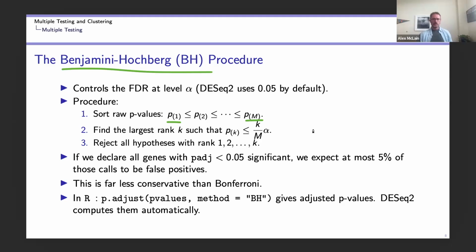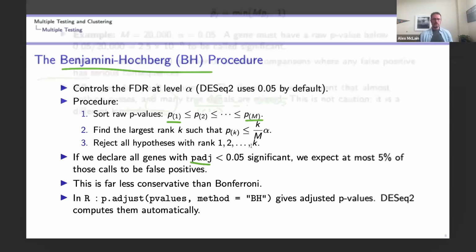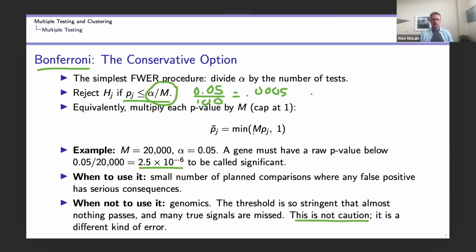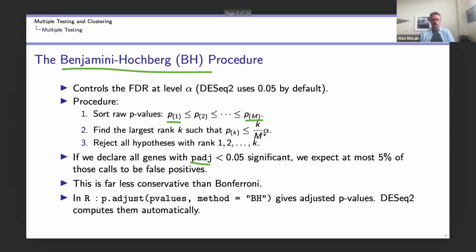Similar to before, we can get adjusted p-values from these. The formula is a little different. It's a function of k and the p-values that are greater than it, but we can get adjusted p-values from this Benjamini-Hochberg procedure. So for you as a practitioner, you will get the adjusted p-values, and you'll compare those to 0.05.